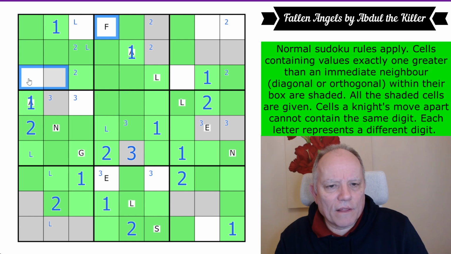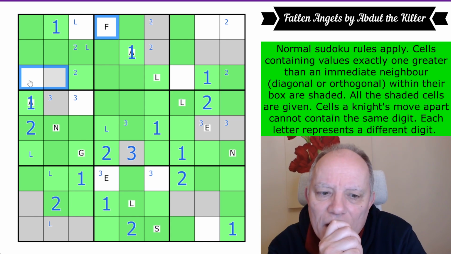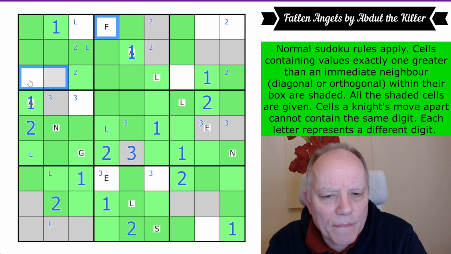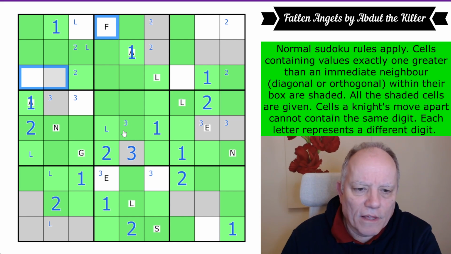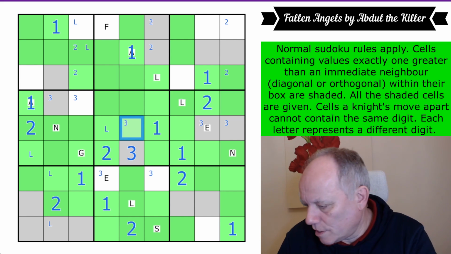Now, has anything... nothing's happened with 2s, has it? That's so annoying. And maybe there's some implication of the rule that I'm just not managing to process here. I think there could be. That one can't be a 3, of course.